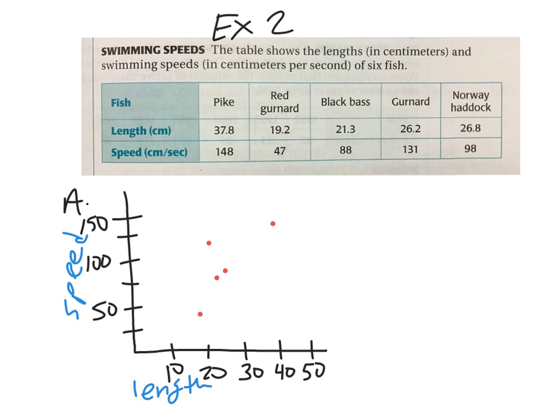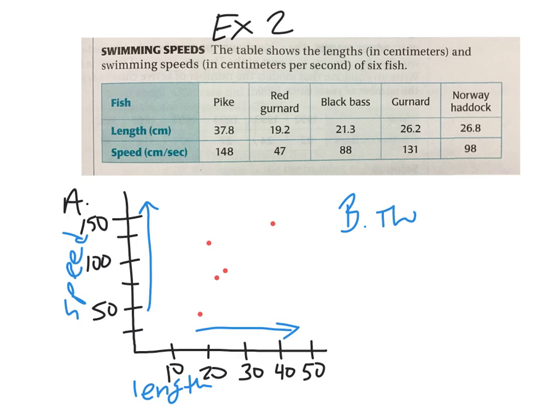So now you've seen that I've graphed this. How would you describe the correlation here? The smaller it is, the less speed. Okay. So this would be considered a positive correlation. As I went this way on the chart, meaning they get longer, then we go faster.